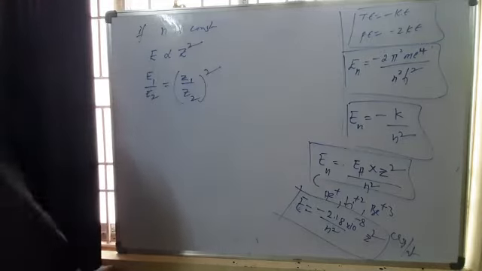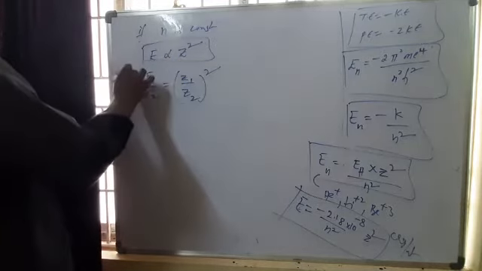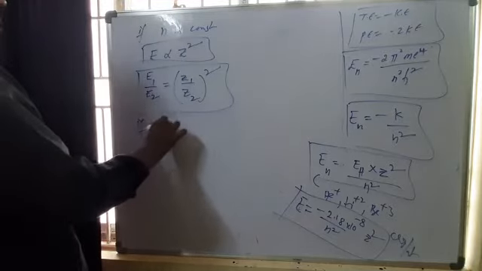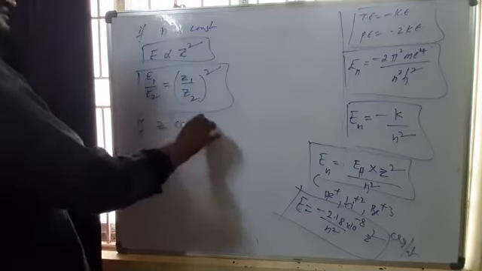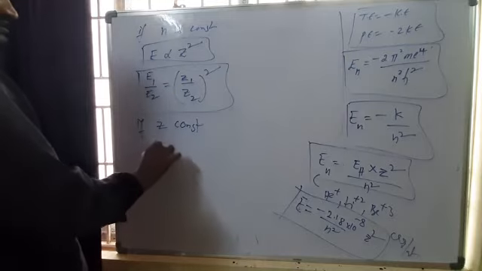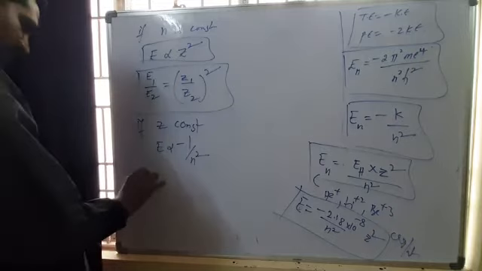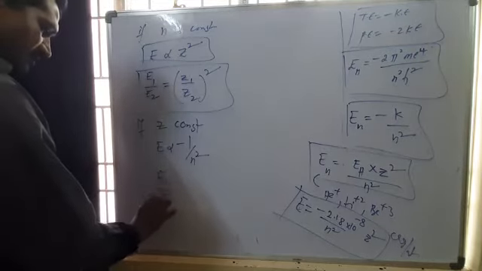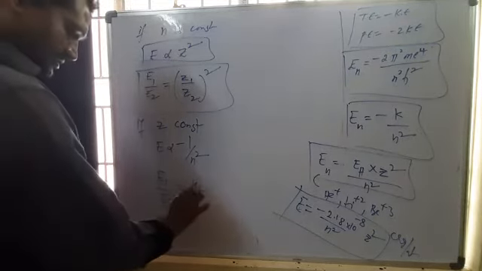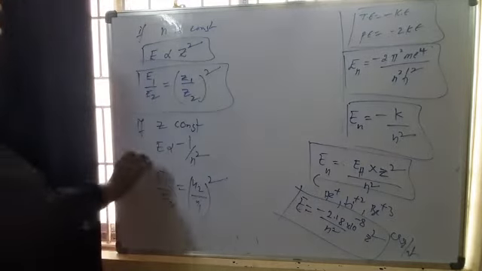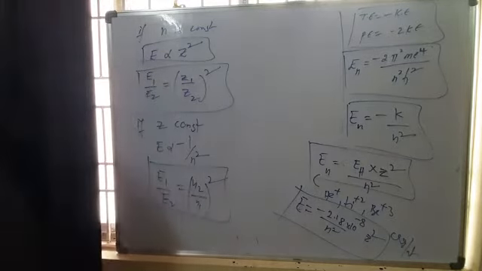And if Z is constant, then energy is inversely proportional to n square with a negative sign, so E1 by E2 equals n2 by n1 whole square. These are the various formulas you can use.